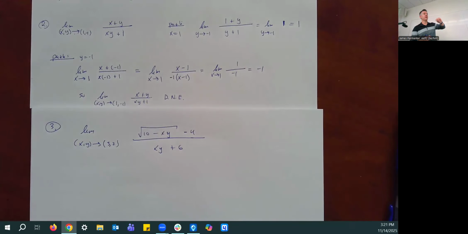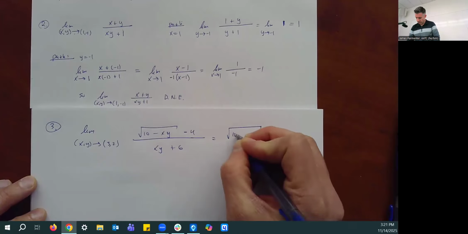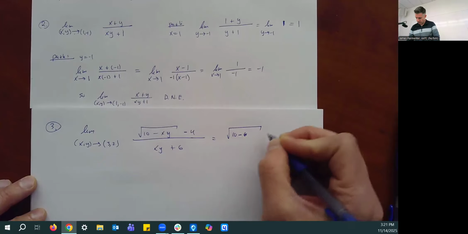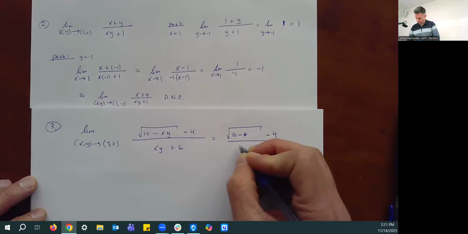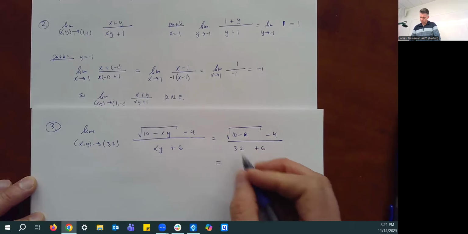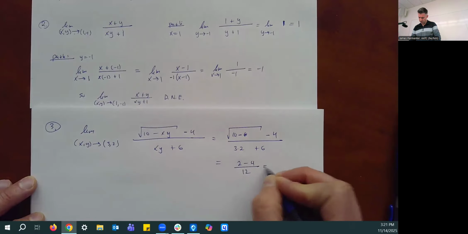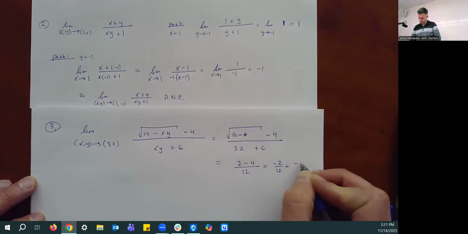So I am almost about to make the error of not doing what I say we should do every time, which is you should plug it in and check. Because if we plug it in, we get the square root of 10 minus 6 minus 4 over 3 times 2 plus 6, which is the square root of 4 minus 4 over 6 plus 6, which is negative 2 over 12, which is negative 1/6.